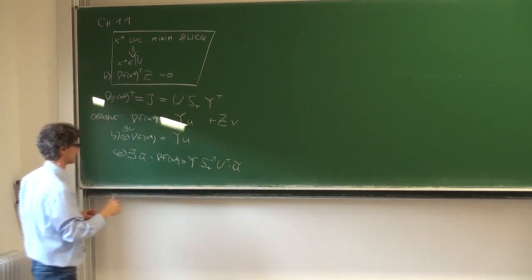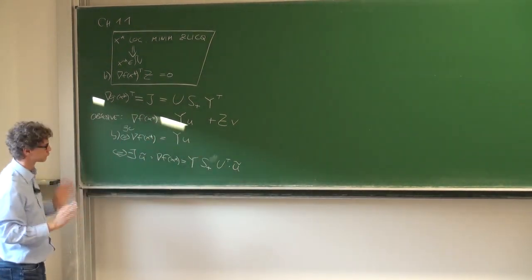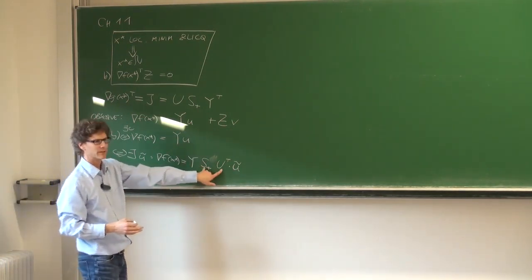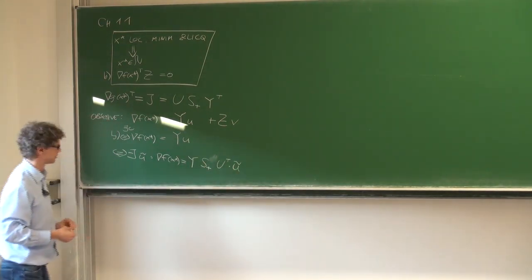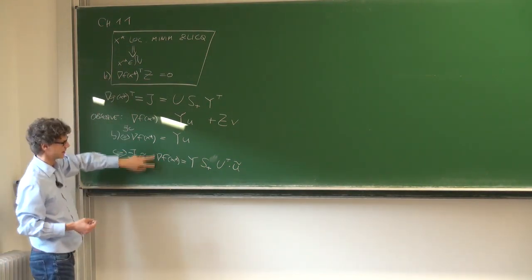Oh, this is actually not what I wanted. It's without this inverse. Because this is an invertible matrix, I can just use it this way. So actually this statement is equivalent with this statement.